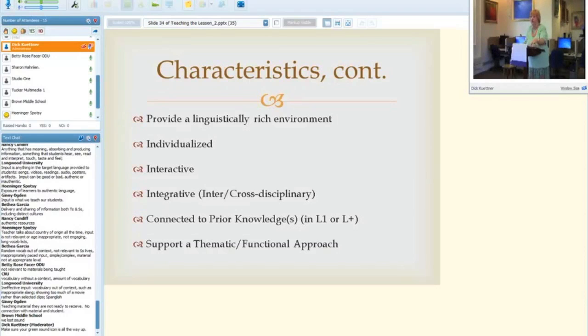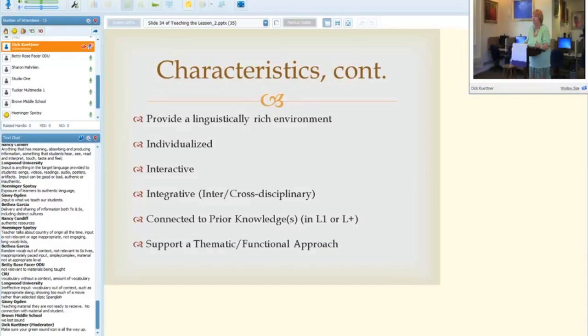It should be interactive. TPR comes in here, and you can use TPR at different levels. I hope that your input is integrative, interdisciplinary, cross-disciplinary. This is emphasized particularly in the public schools with many of the SOLs, connecting your input with what's going on in the history class or the English class or the math class.